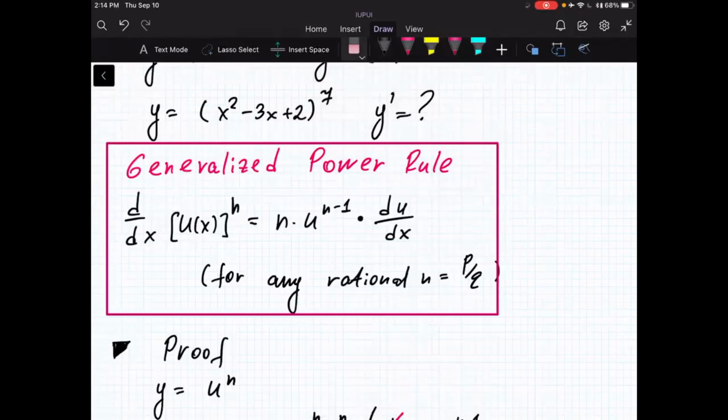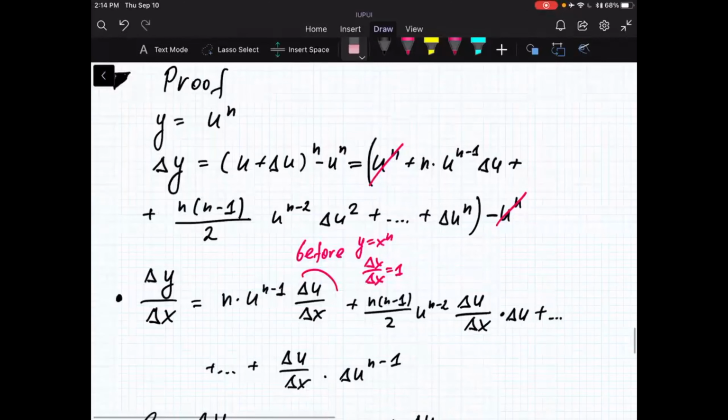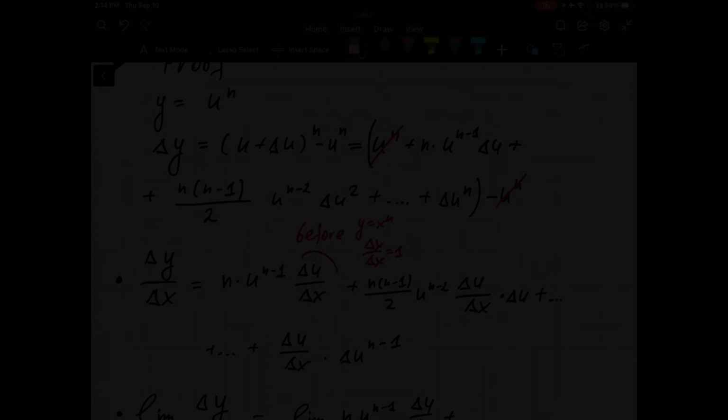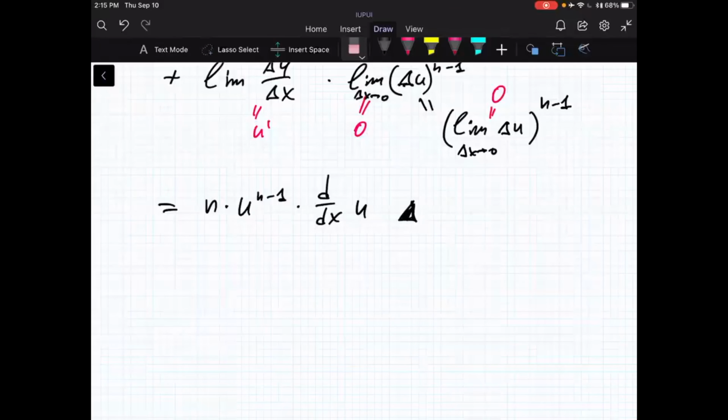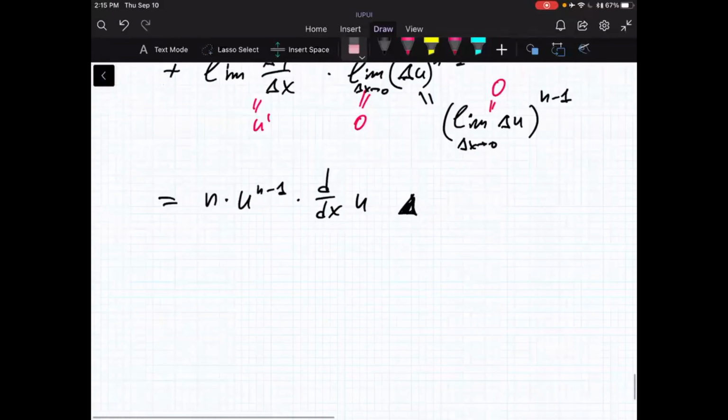And again, this proof works only for integer n, because we have used the binomial theorem, and there is no binomial theorem for rational numbers n. But still, you can prove it, and we'll discuss it, as it will follow from the next section.